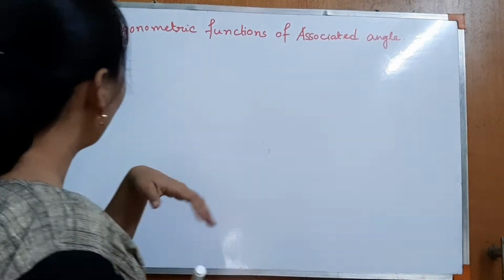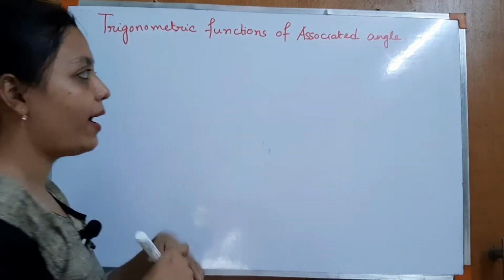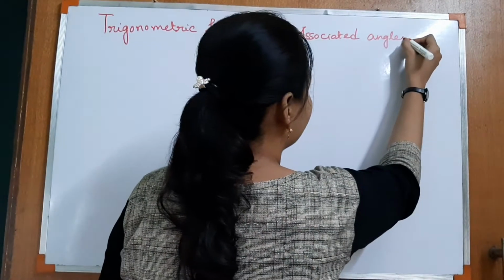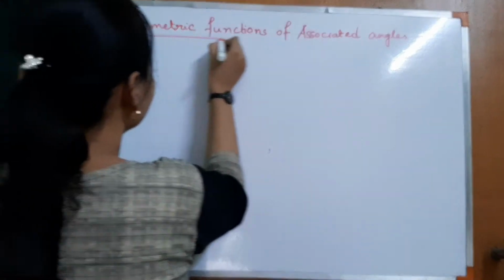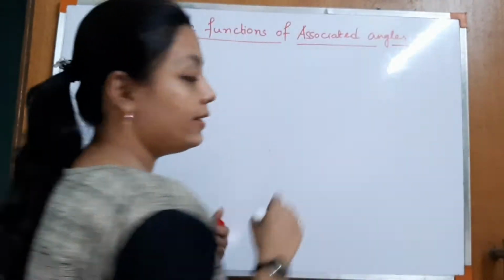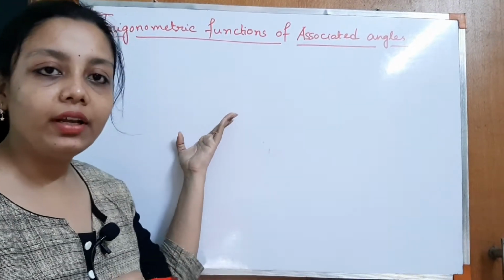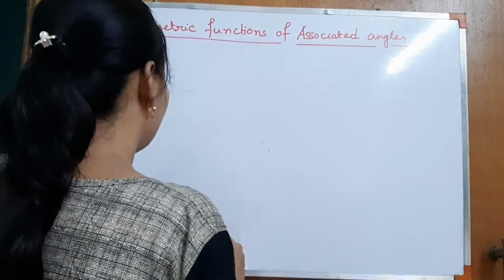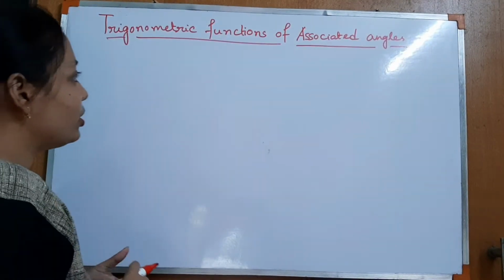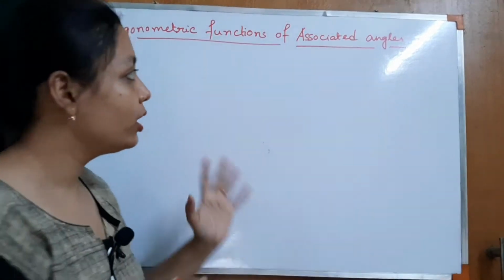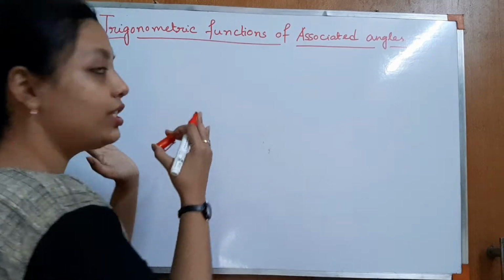Our today's topic is trigonometric functions of associated angles. This is the first chapter of trigonometry of class 11. Okay, so now first we will talk about some theories on this chapter.